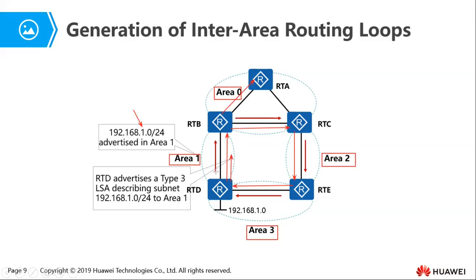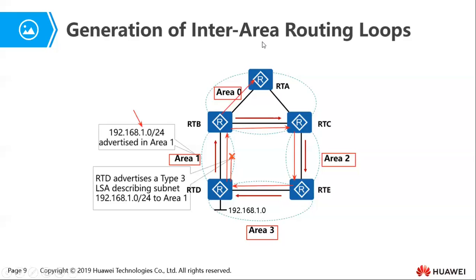And you remember this type 3 LSA was actually originated from area 1. So when it's injected back to area 1, it simply means that we now have a loop. So that is how a loop can occur.